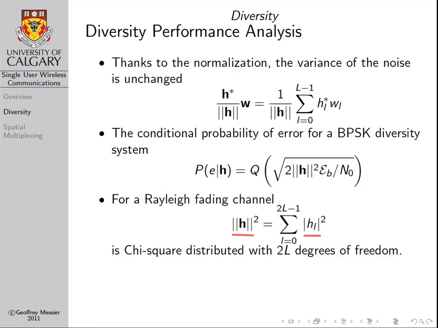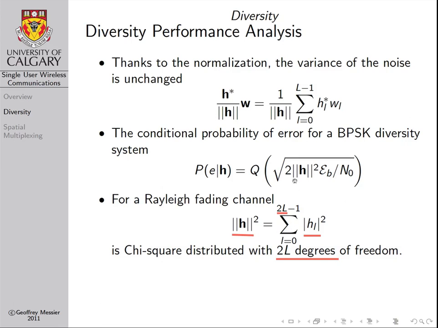And when you take the magnitude squared and you add them up, you get a chi-squared distribution with 2L degrees of freedom. This is a typo up here. This shouldn't be 2L. That should just be L. But because we have a real and an imaginary term for each of these channel values, we get a chi-squared distribution with 2L degrees of freedom.